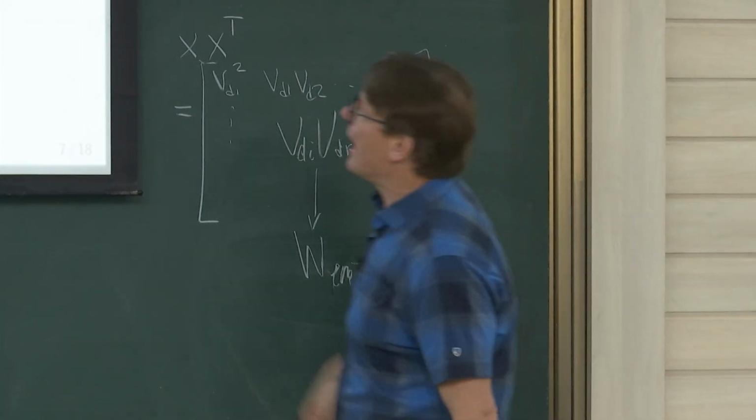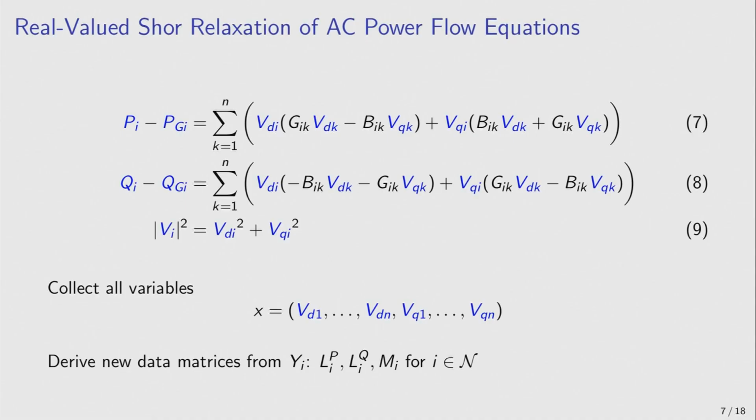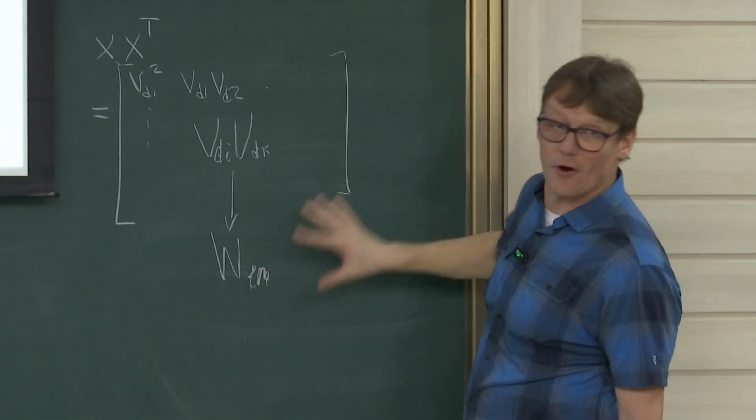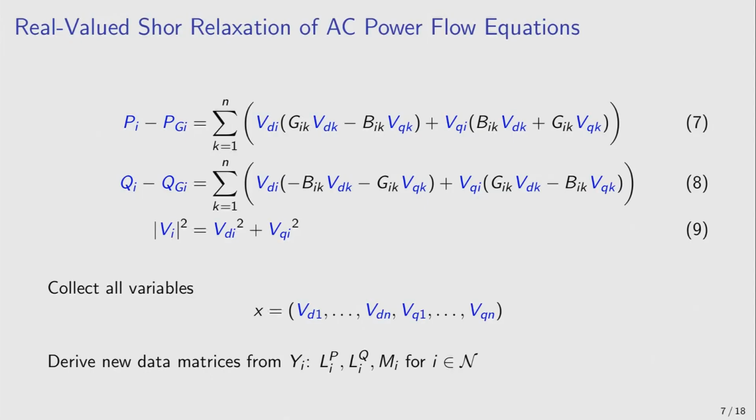That's all I do. And you can see that when I do that, then all these terms become linear expressions in W, because there's a home somewhere in this matrix for all these bilinear terms, and so all my bilinear terms become linear expressions.